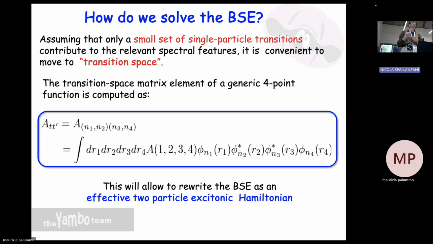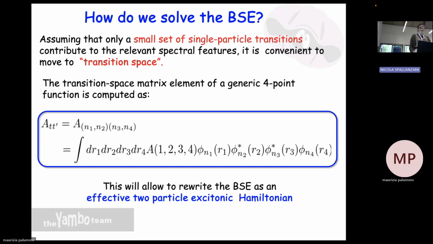When I say rewrite things in transition space, we can do this mathematically. So let's say for the polarizability, instead of the indices 1, 2, 3, 4, we can do an integral over the 4 variables for the states, which in our case are the conduction states, equal to the quasi-particle states for the absorption function that we did yesterday. So what I'm saying is that now we rewrite everything in terms of transition space.